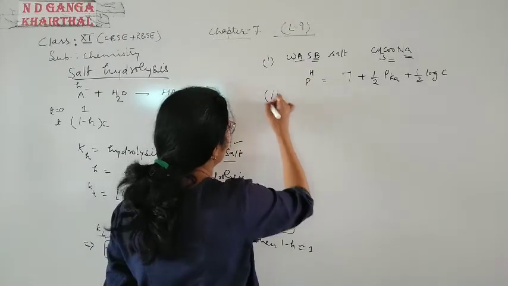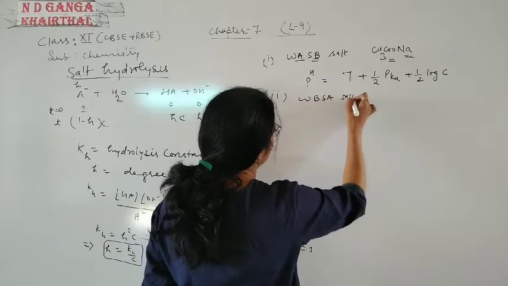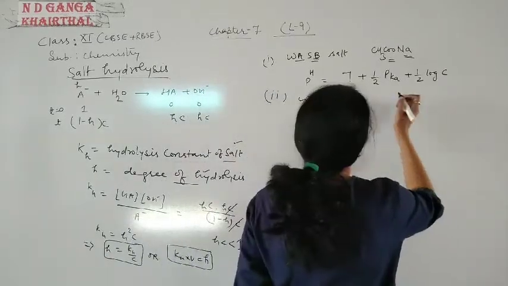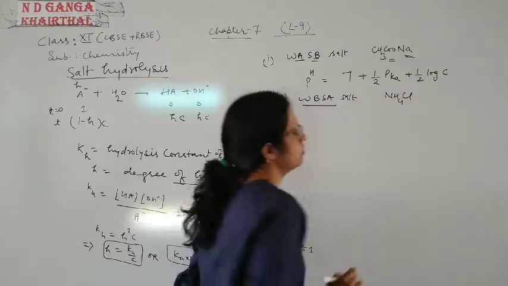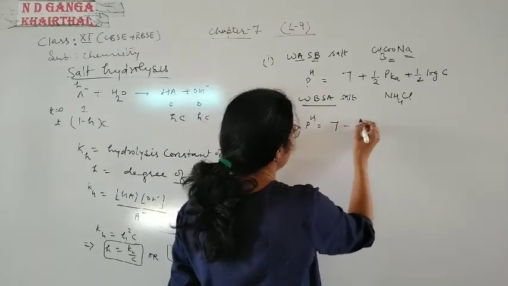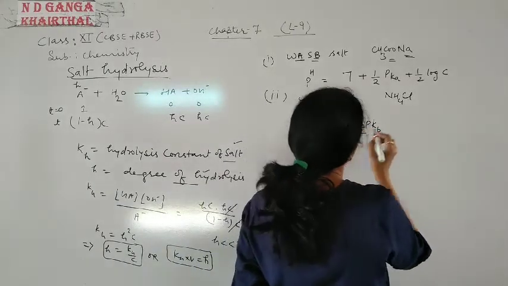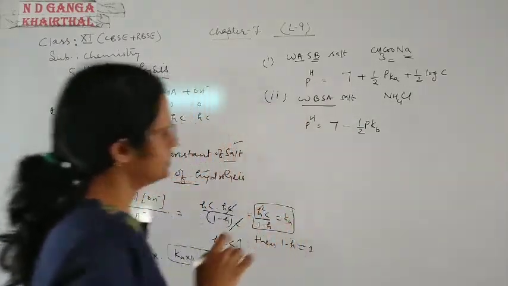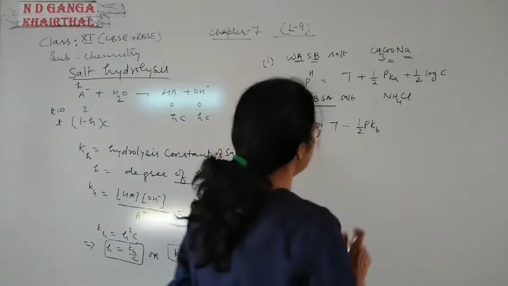If the salt is of a weak base and strong acid, for example NH4Cl, then pH will be 7 minus half pKb minus half log C.